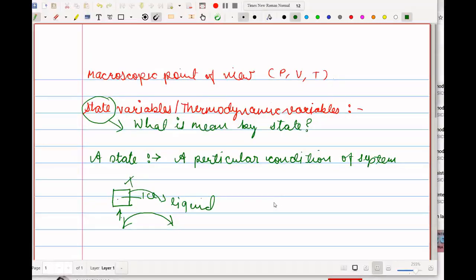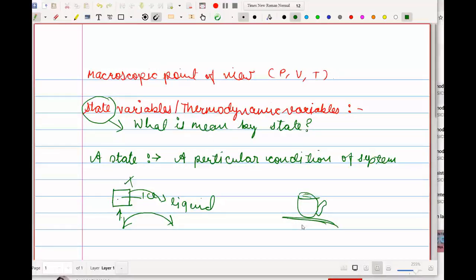So what is meant by state? Let me give you another example. Take a cup of coffee and put it on the table.